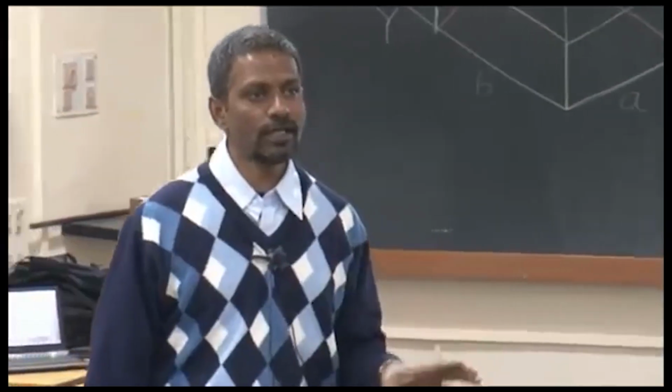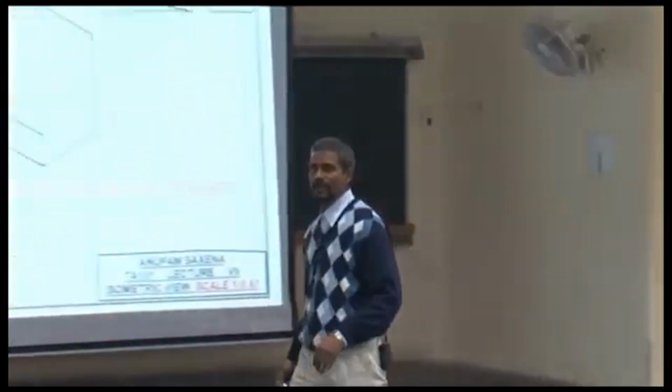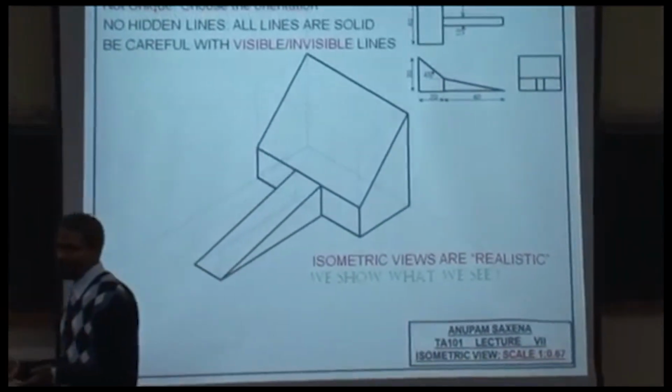You draw a solid line only when you're absolutely sure that you will see that line. Otherwise, you don't. Otherwise, you will end up using your eraser and wasting time and spoiling the sheet. Isometric views are realistic. We show what we see. Unlike in case of orthographic views, where we show even those features that we don't see by means of hidden lines.